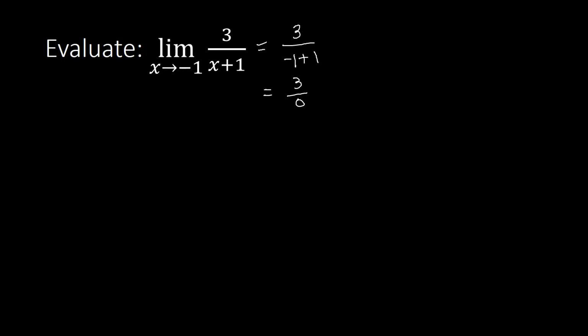So let's now test the left-hand limit. We've got the limit of 3 over x plus 1 as x approaches negative 1 coming from the left side.